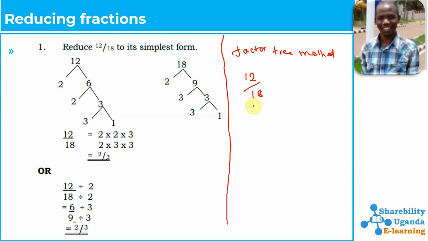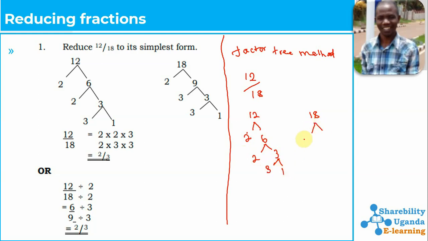Then we shall now be able to come up with our 12 and our 18 here. Then we look out for a common factor which can divide our number 12. We use a 2. So when we use a 2 here we get a 6. Also here, what is 6 divided by 2? We shall still get our 3. We say 3 by 3 here we get 1.